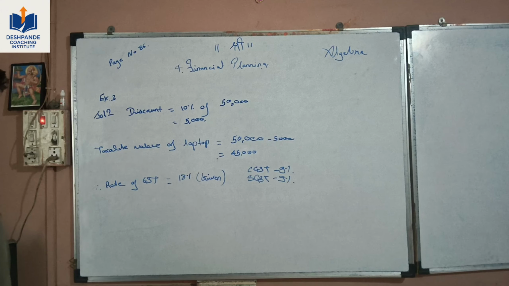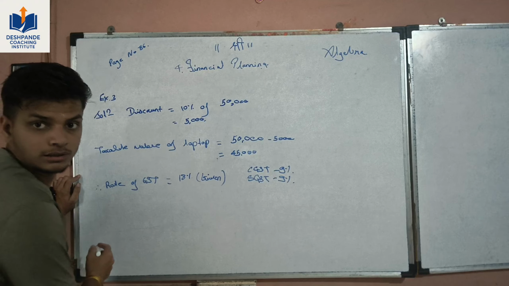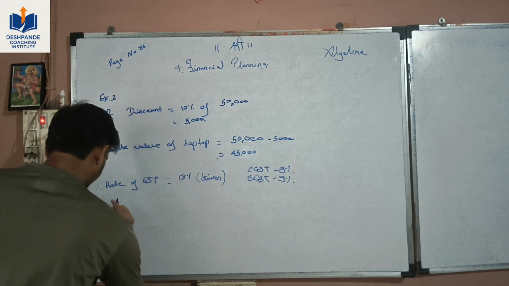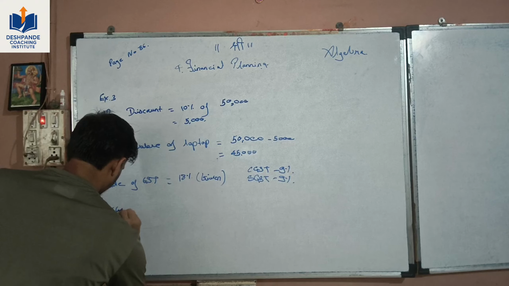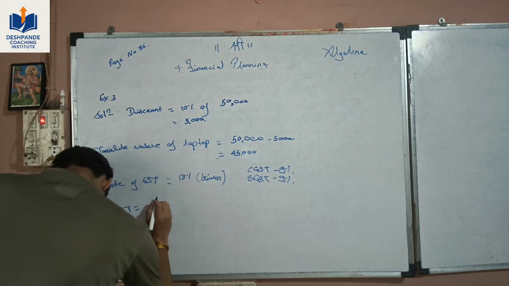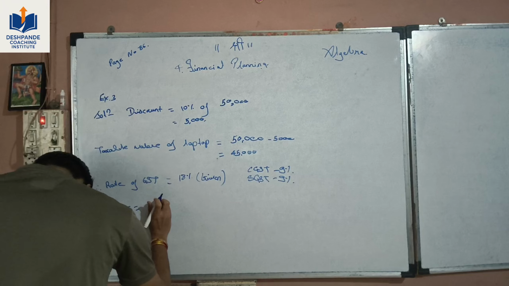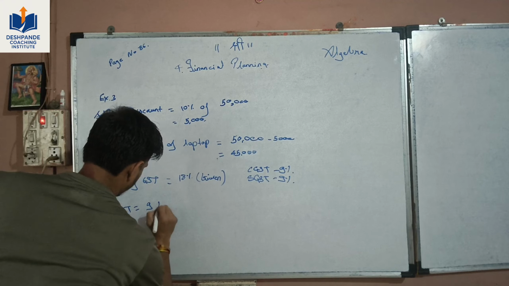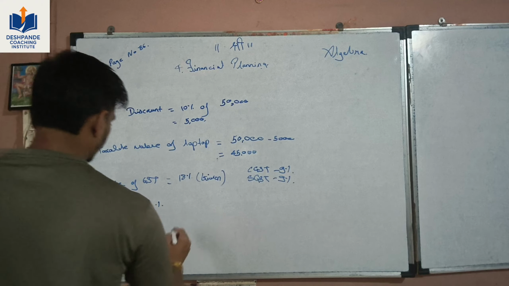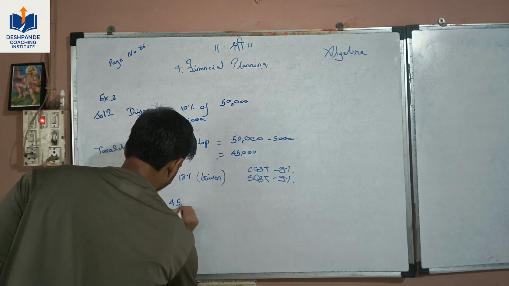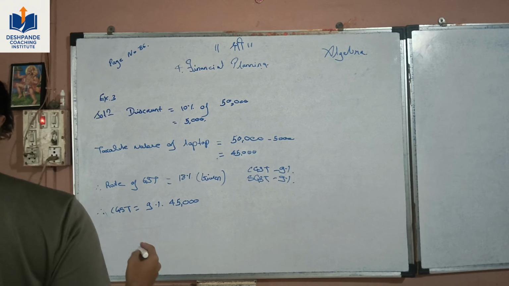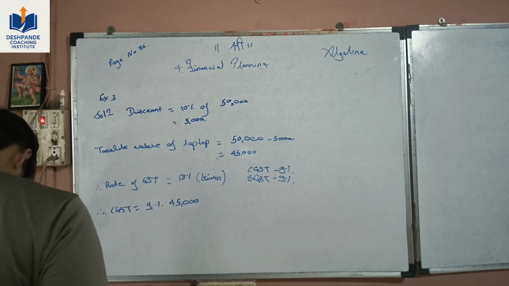Now finding the value of CGST. CGST is equal to 9% of what? 9% of 45,000. This is the taxable value. 9% of 45,000 will be the CGST, and SGST will be the same.